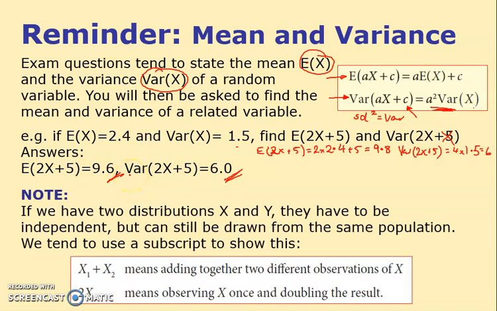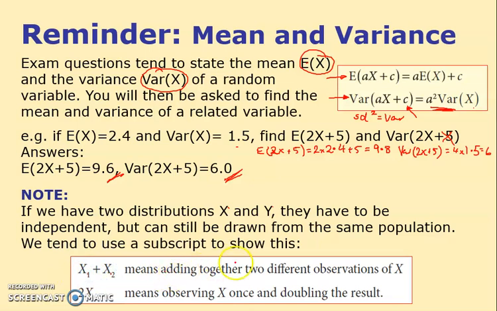Now, a couple of things to note. Sometimes we want to combine two distributions, X and Y. They have to be independent in order for me to do so, but they can still be drawn from the same population. So although I've called them X and Y, it could be X and X. Because there's potential for confusion here, we use this notation: X1 and X2.